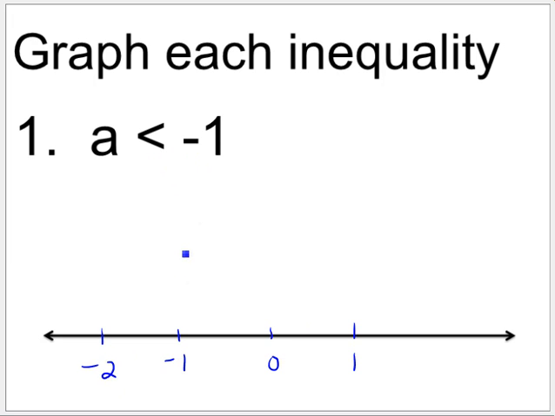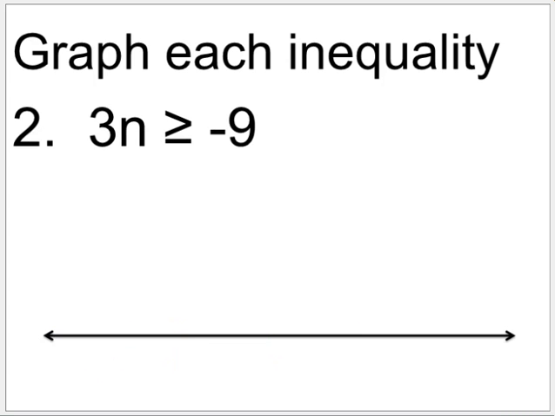I'm going to use an open dot on -1, meaning that -1 is not included in part of my solution. And I'm going to shade to the left because that's the way the arrow is pointing. Notice if I was to put an arrow here, that's the way it's pointing. It's pointing to the left. So that is all it takes to graph an inequality.